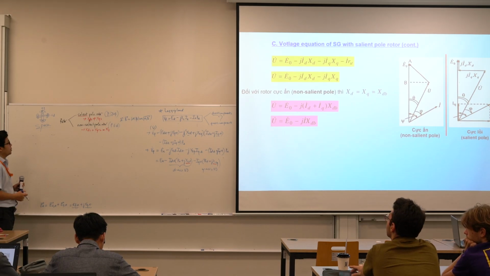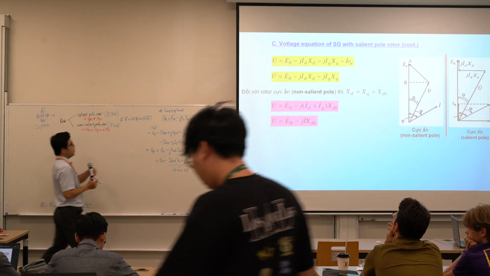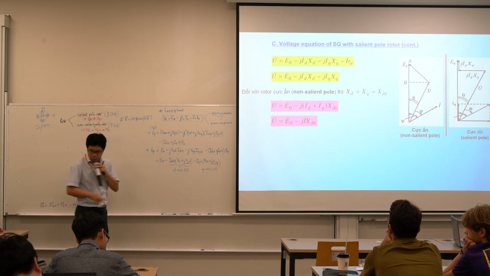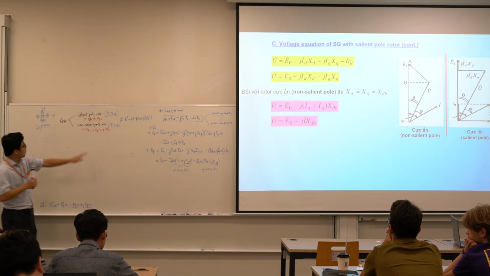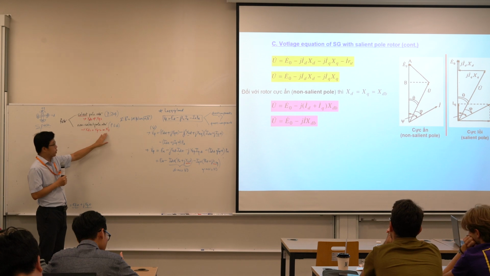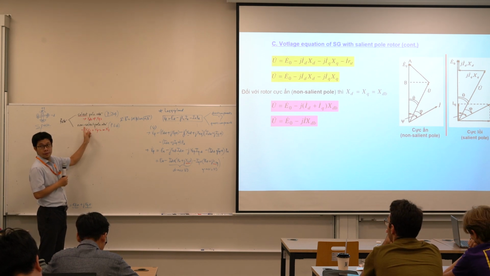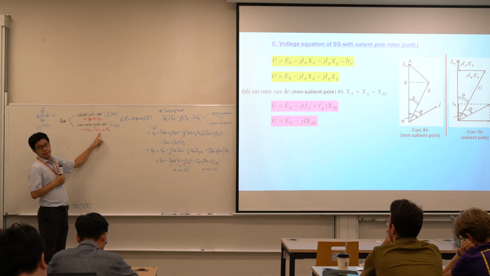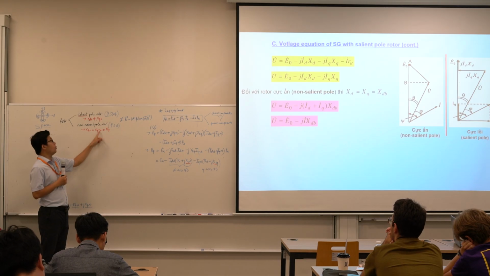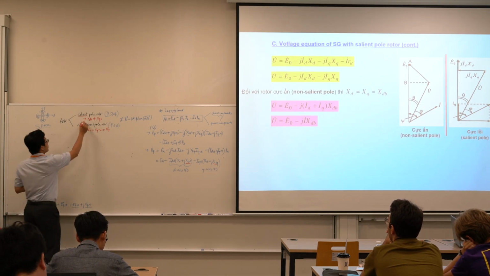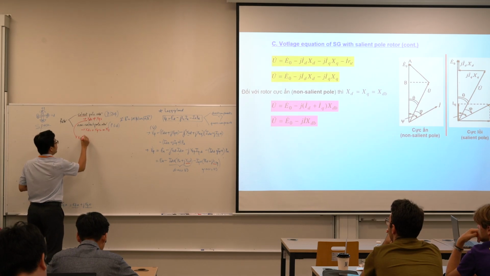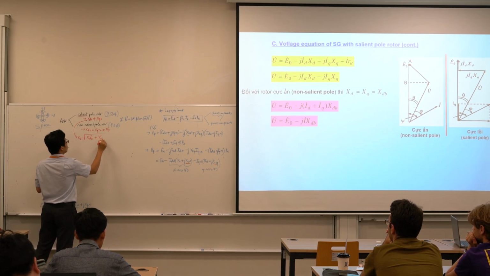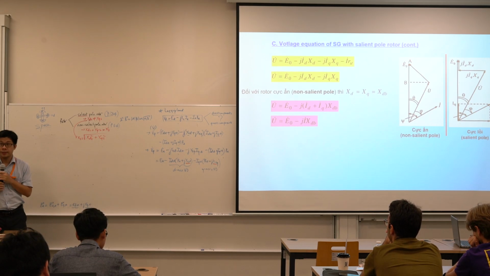This is the reason why we analyze this equation into D axis and Q axis. So if the question gives you only XS, that means non-salient rotors, because the D axis component reactance is equal to the Q axis component reactance. Otherwise, if we would like to calculate XS, it is the square root of XDS squared plus XQS squared. Do you understand?